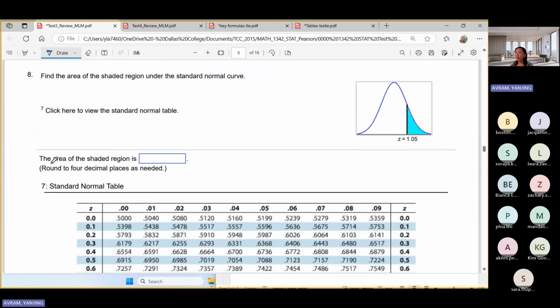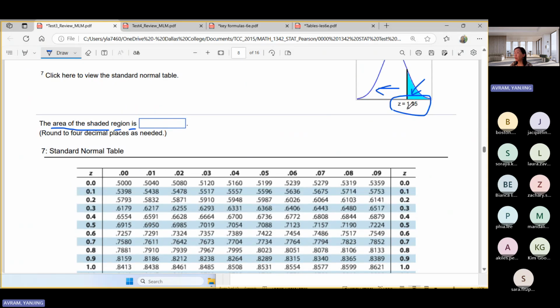Okay, the area in the region. Okay, so how do you read this table in here? This is the area, okay? So that's the area, and that's the z-score. Z-score is positive 1.05. So this is the area to the right, right? So if you read the z-score table, it's only the area to the left, okay?